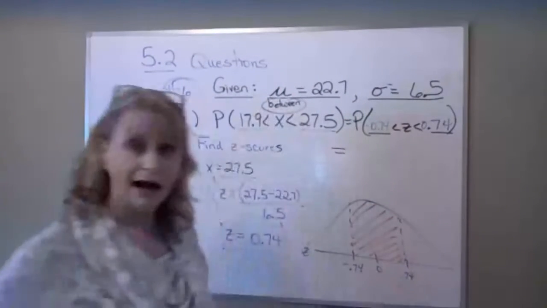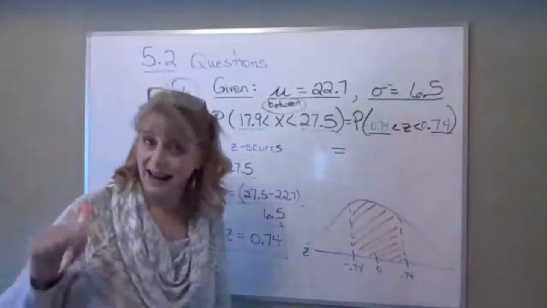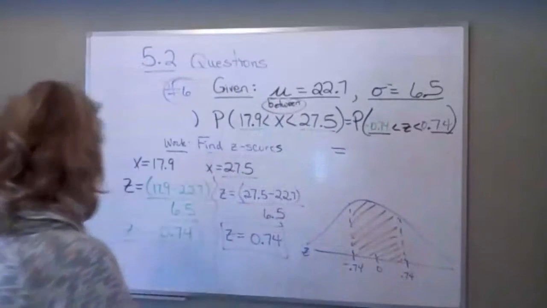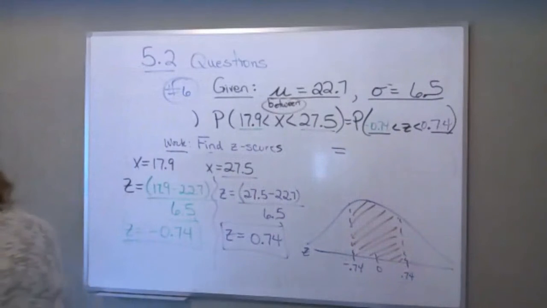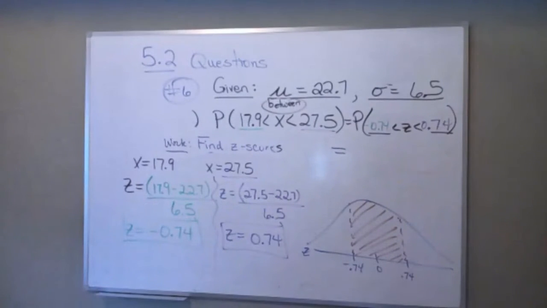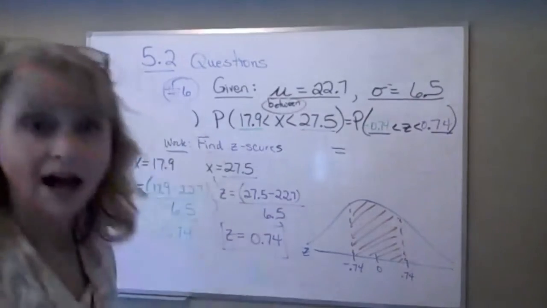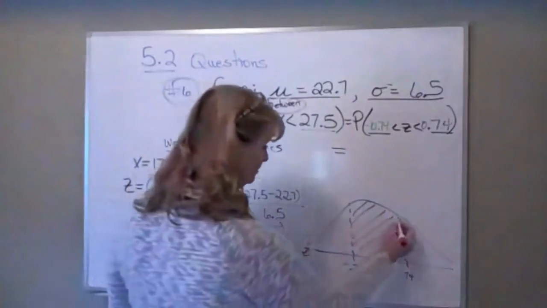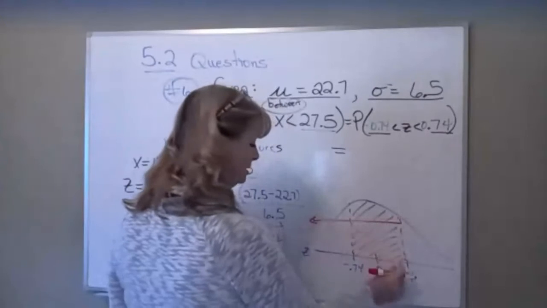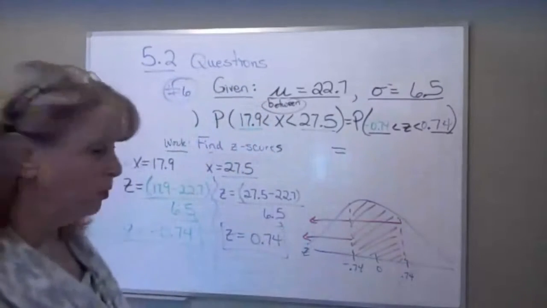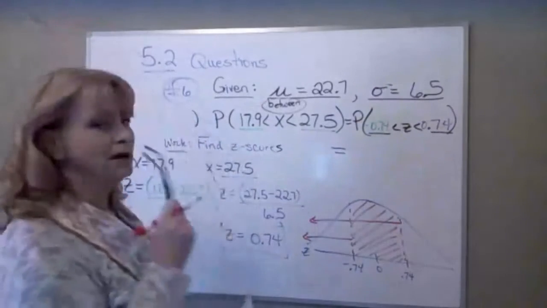Does everybody see the area I want? Always shade the area you want. I want the area in between. Now, what I'm going to look up in the table, though, very carefully, are the areas to the left of each of these. So I'm going to look up the area to the left of the positive 0.74 and the area to the left of the negative 0.74. So I'm going to look those up.